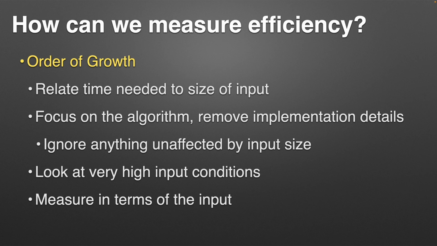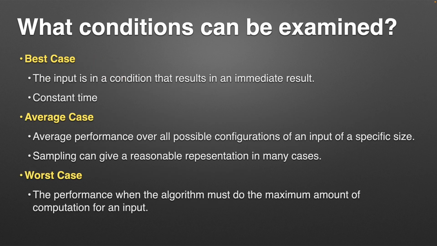And so typically that input will be represented as the letter n, which is why you'll see order n squared, but that's just convention. It could be anything that we use there. And so this is what we'll look more at today, this order of growth approach.